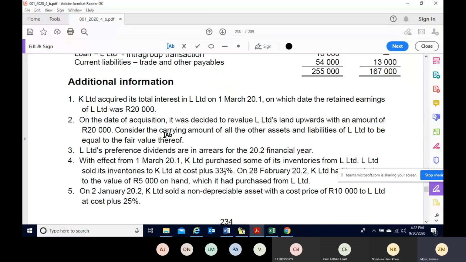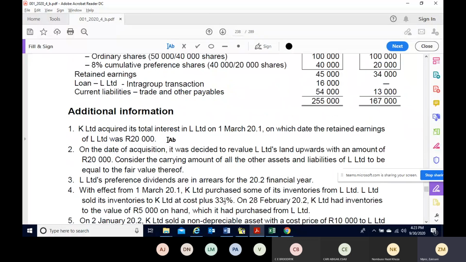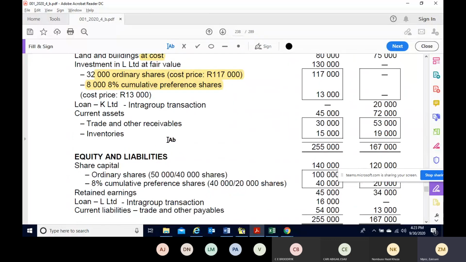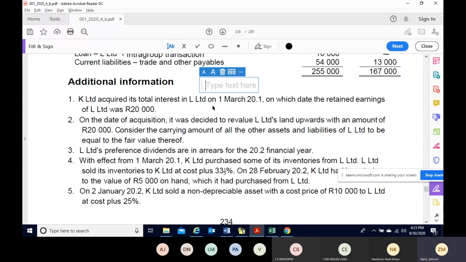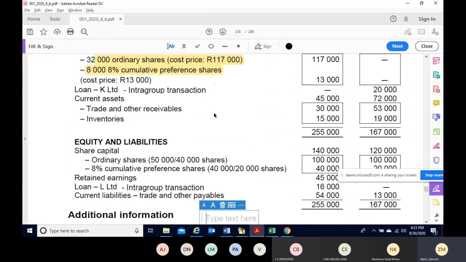KLTD acquired its total interest in LLTD on 1 March 20.1, on which date the retained earnings of LLTD were 20,000. So what is the year end of this company? It's 20.2.